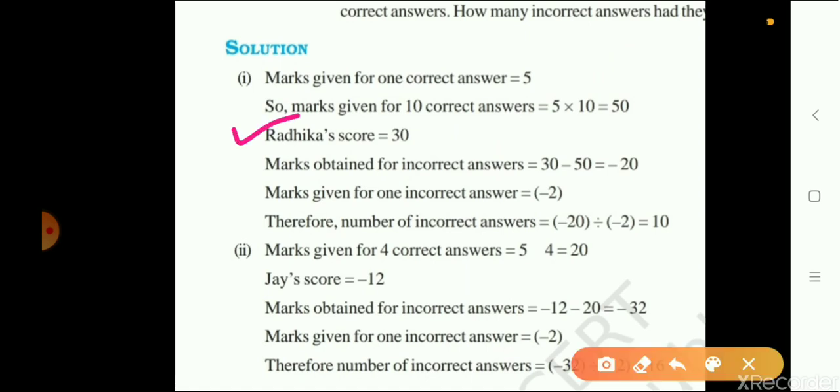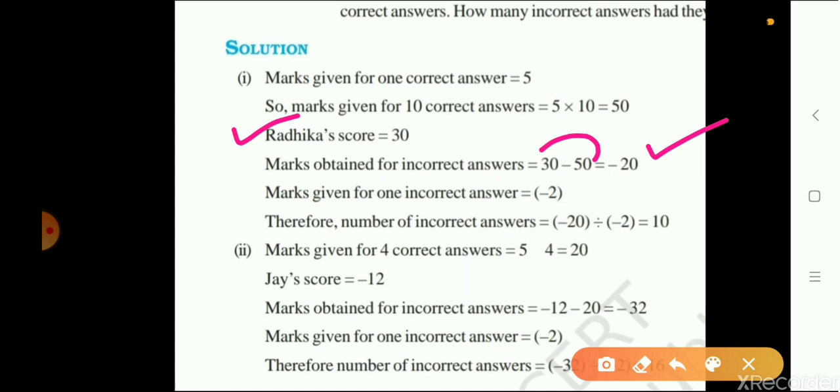Hence, the marks obtained for incorrect answers will be Radhika's actual score minus her score for 10 correct answers. Here Radhika's score is 30 and her score for 10 correct answers is 50. So 30 minus 50 will be minus 20. So her marks deducted for incorrect answers are minus 20.